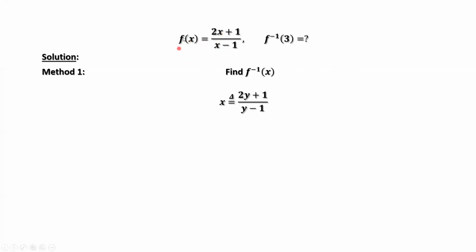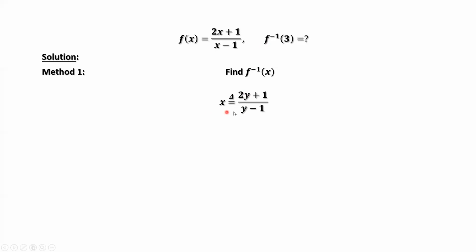Now we change y to x, change x to y. We have this definition. We solve this equation for x to find y in terms of x. y is the inverse function of f.